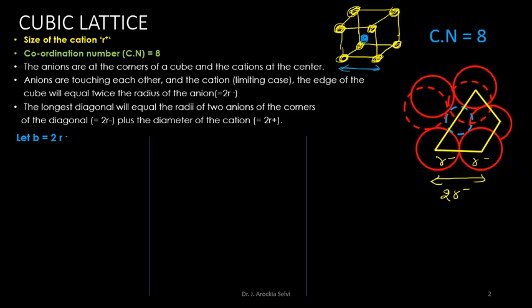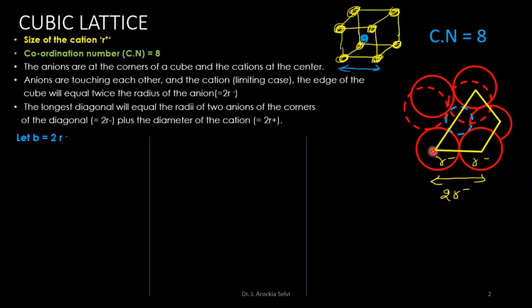And here is the longest diagonal. You can see it goes through the two anions as well as the cation.